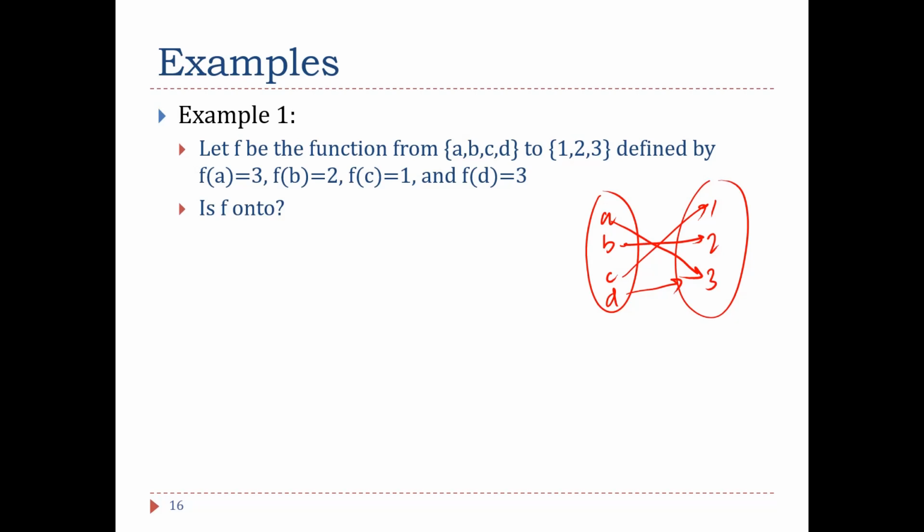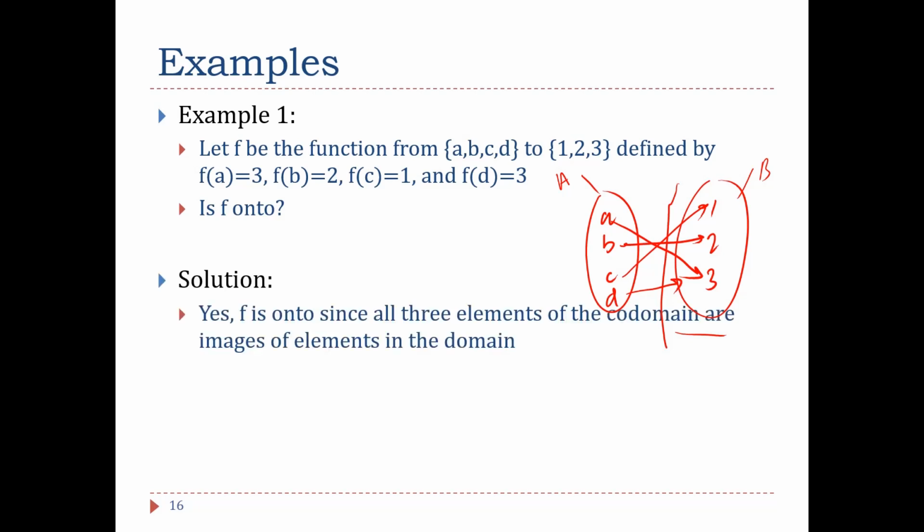Okay, it's sufficient to look at the right hand side and see that every element in this codomain, let's call it B, is in a relationship with an element from A. So every element in B has a pre-image, or for every element y in B, there exists an element x in A such that y is equal to f of x.